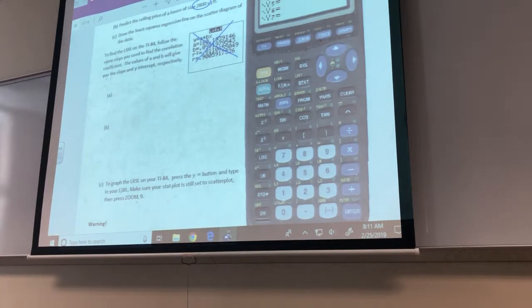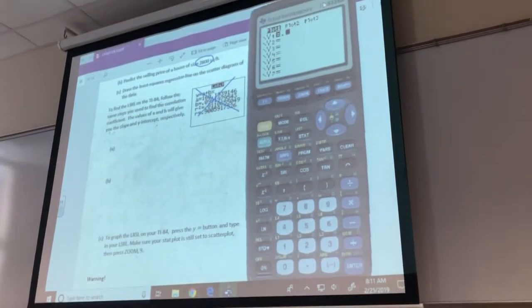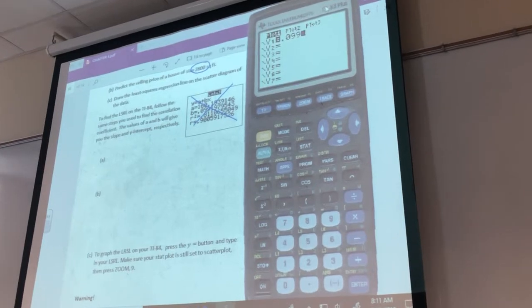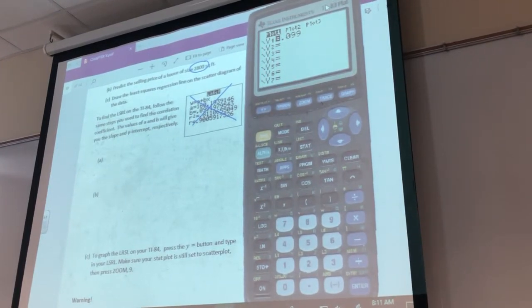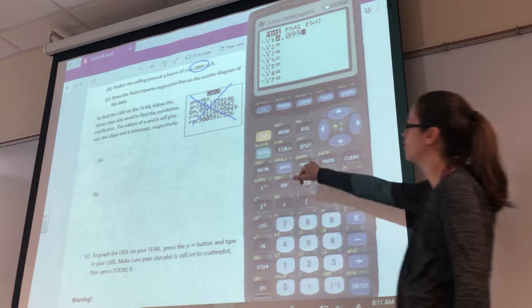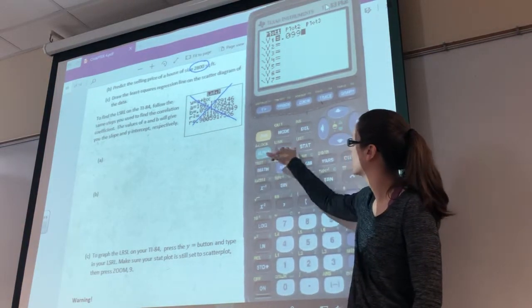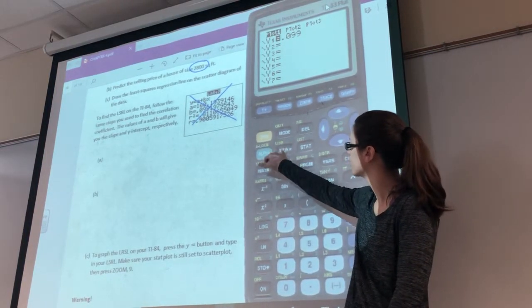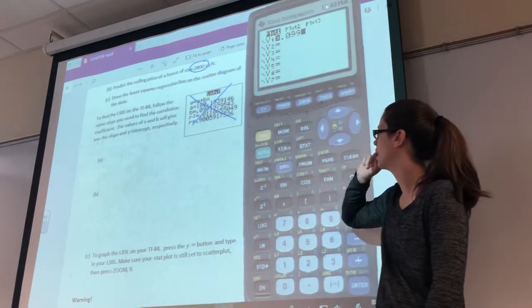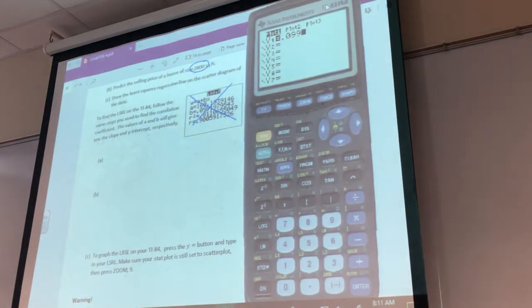So under y equals, I'm going to type that equation up there that I had for my least squares regression line, so 0.099 is what I'm starting with. And then I'm going to type an x. Your x is going to be this variable button right here that's in between your alpha and your stat. If you put this here, that's your x, t, theta, and n. That's the button you'll use for your variable. And then plus 160.